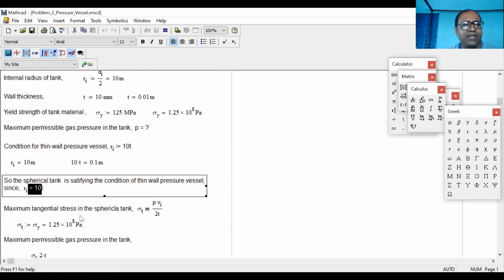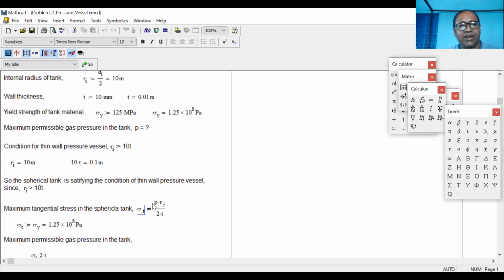Then maximum tensile stress in the spherical tank sigma T equal to PR by 2T. So sigma T, we found this much. No, sigma T we didn't find it, right? They want to know how much pressure you can apply. That means you need to figure out the value of P, but maximum sigma T cannot be more than 1.25.